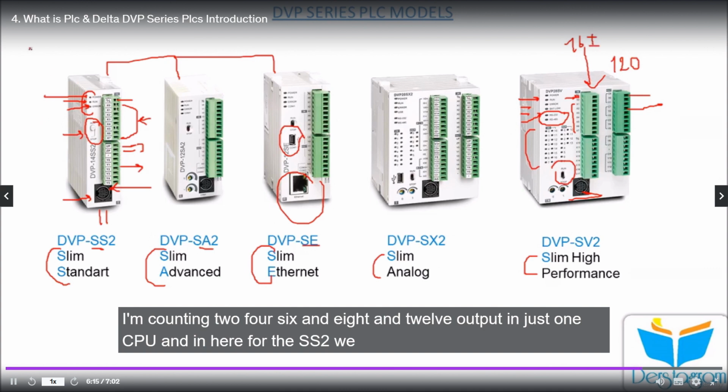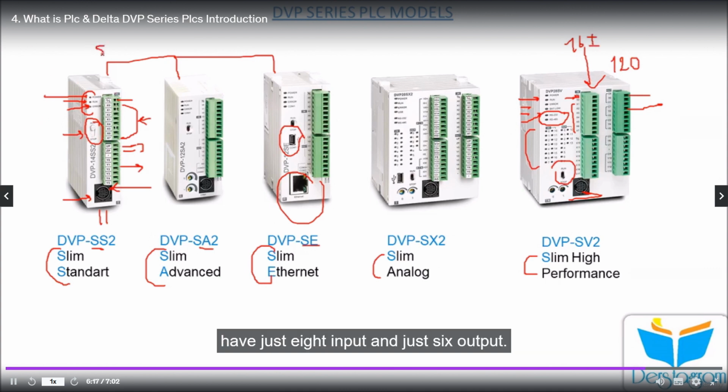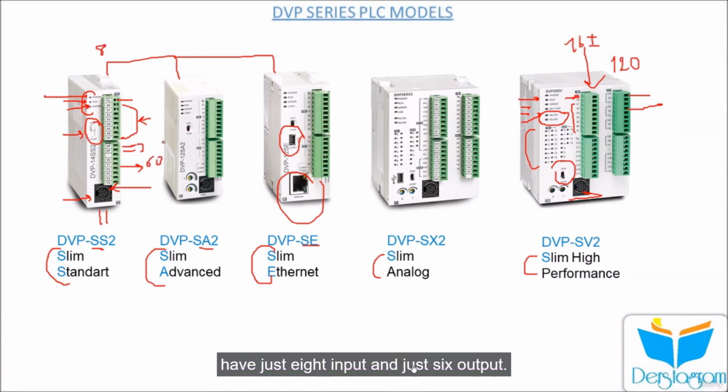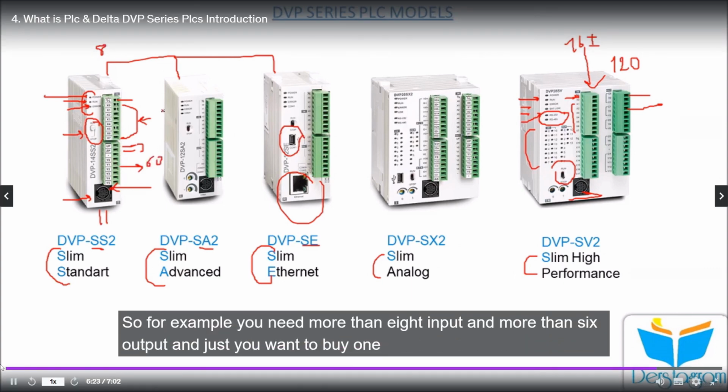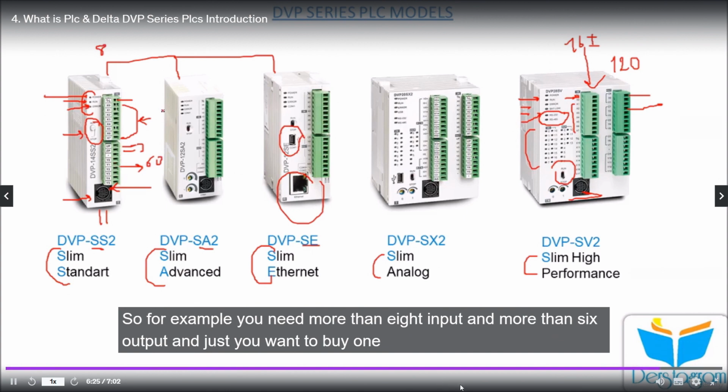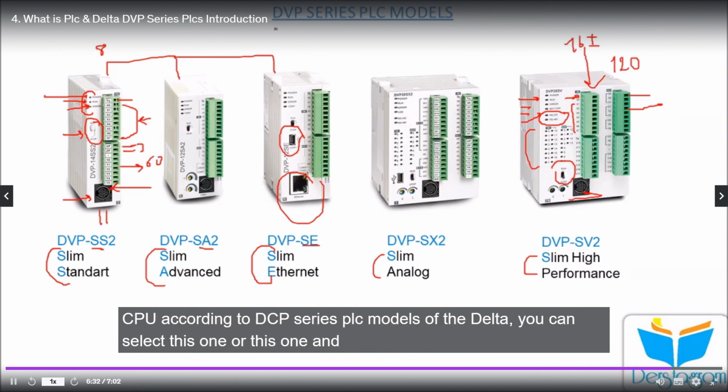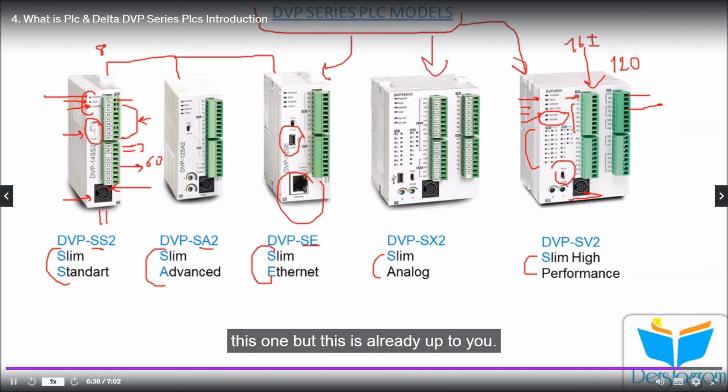For the SS2 we have just 8 inputs and just 6 outputs. So if you need more than 8 inputs and more than 6 outputs and you just want to buy one CPU, according to the DVP series PLC models of Delta, you can select this one or this one or this one, but this is up to you.